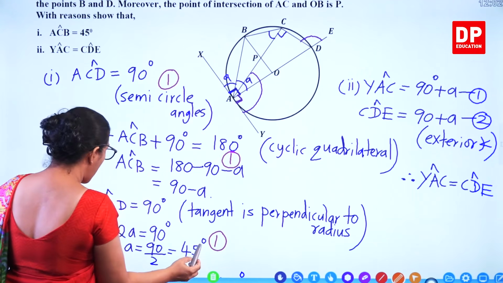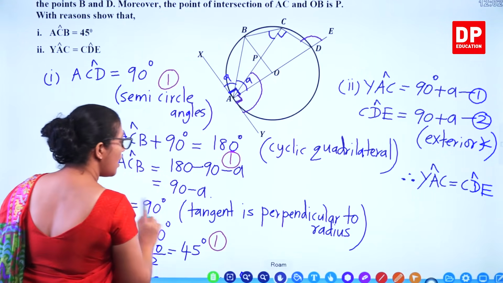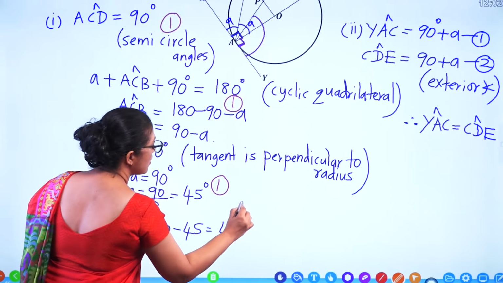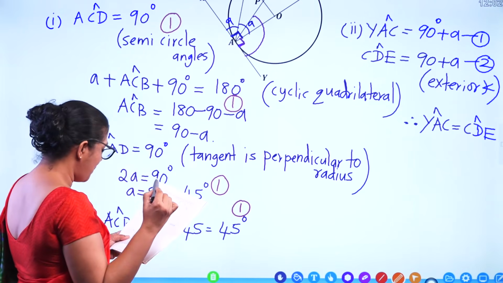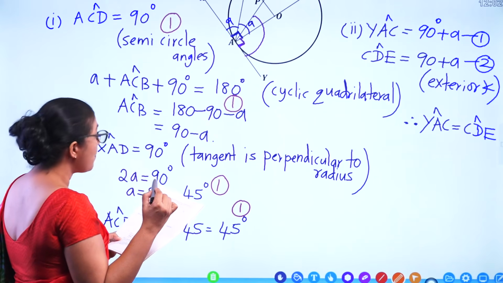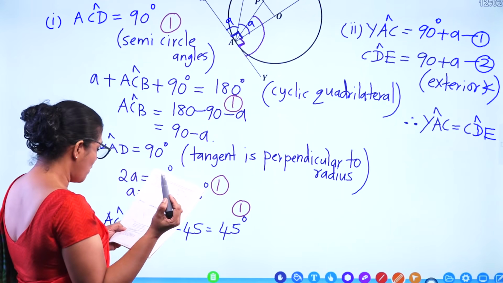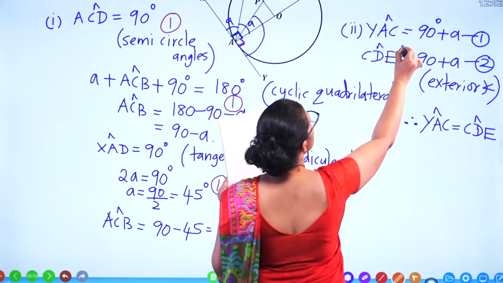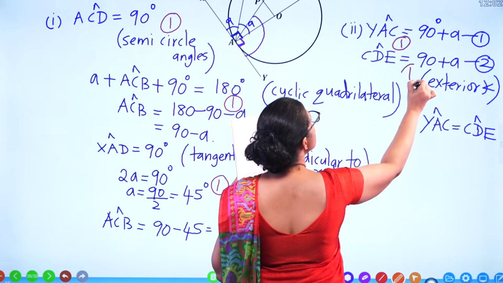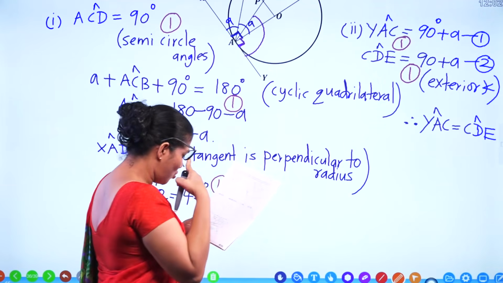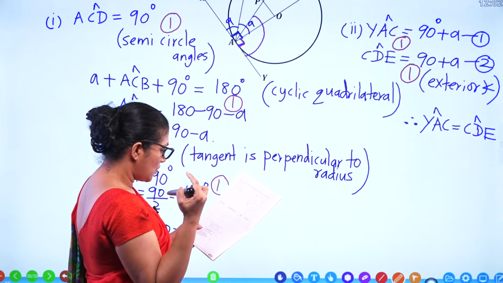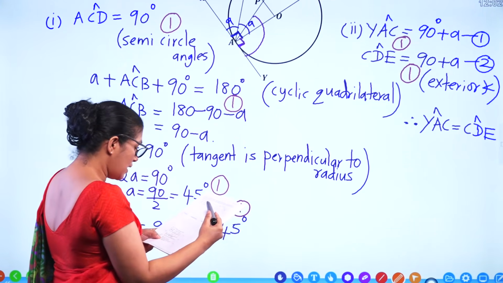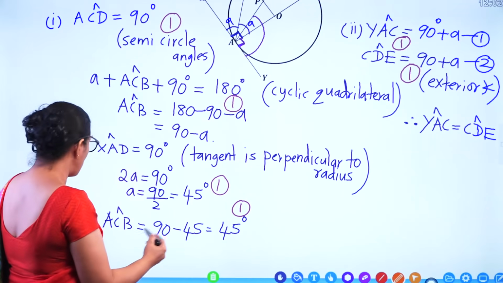And substitution and getting this one 45, 1 mark. So 4 marks for that step. And then part 2, you get 2 marks, showing that this is 90 plus A and this is the exterior angle. So 4 plus 2, 6 marks. The next part you get 4 marks, so we'll do that.